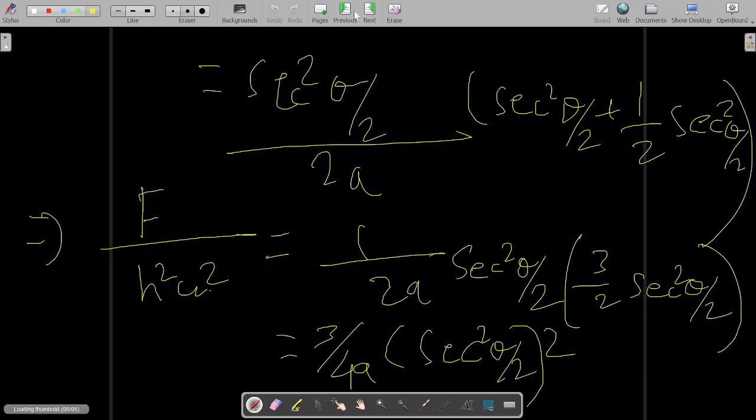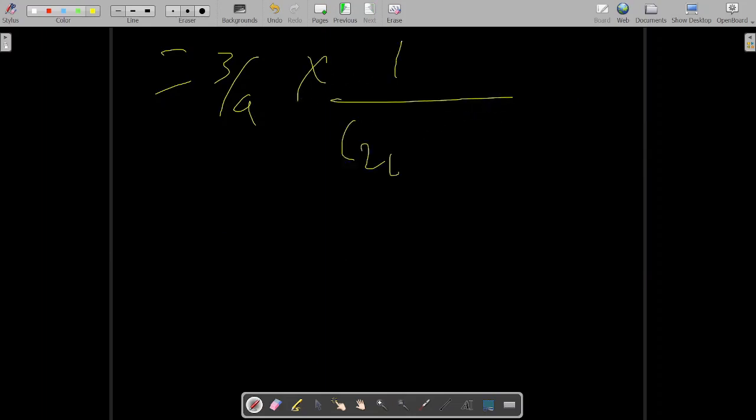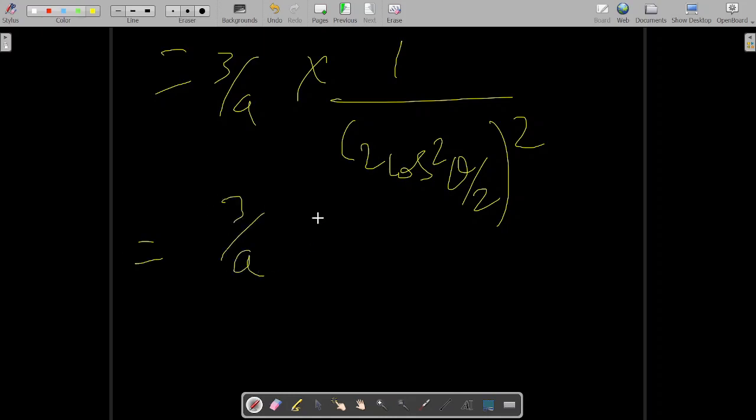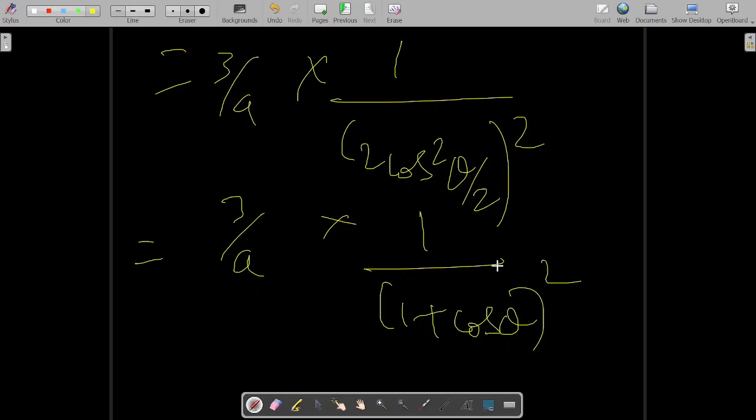Then what will happen? It will become 3 by a into 1 by 2 cos square theta by 2 whole square, which is equal to 3 by a into 1 over 1 plus cos theta whole square, okay.